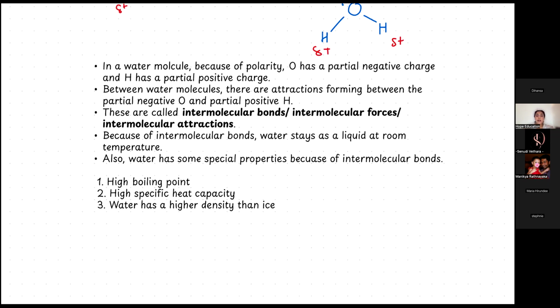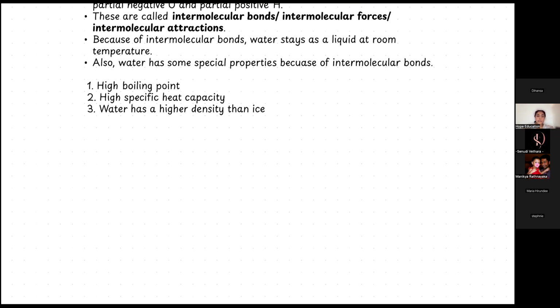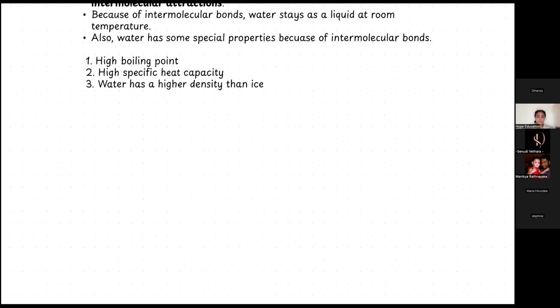Then, Lamai, there are a few. Can you put a topic? Properties of ionic and covalent.